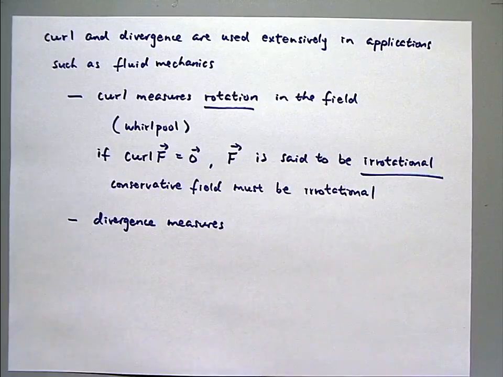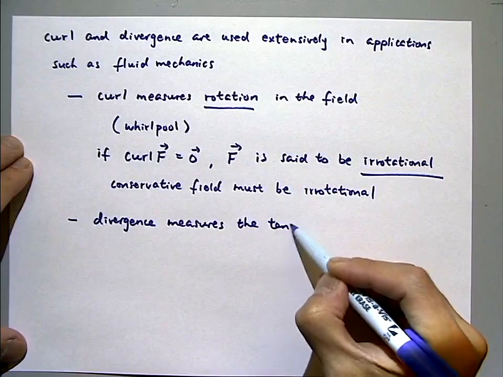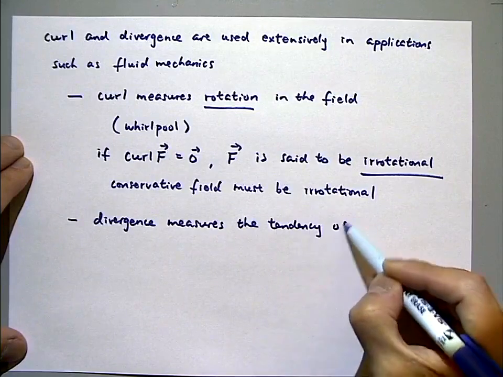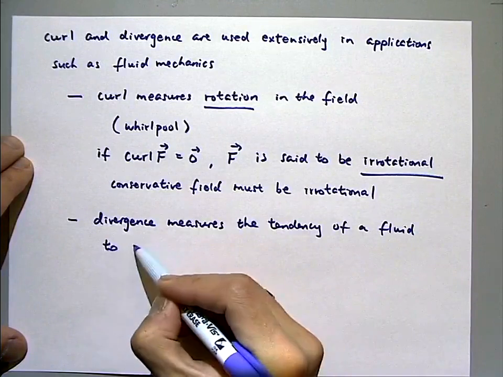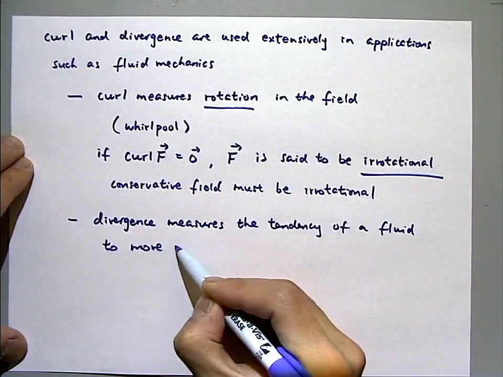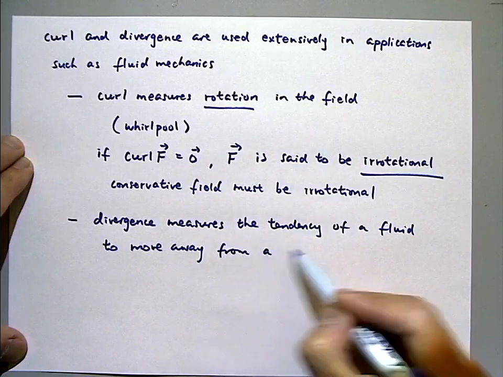Divergence, like the name implies, measures the tendency for the fluid to diverge from a point. Diverge means move away, so I use move away from a point.